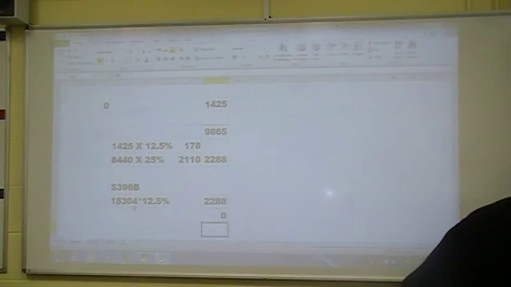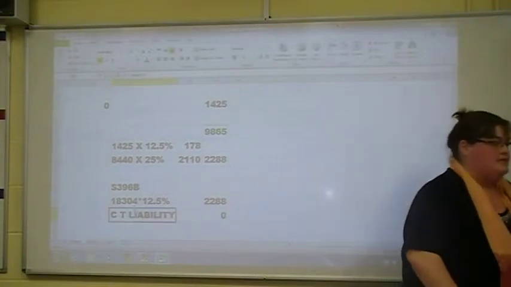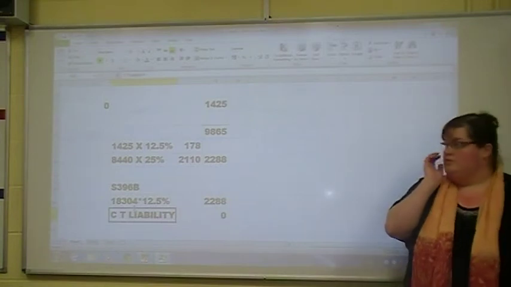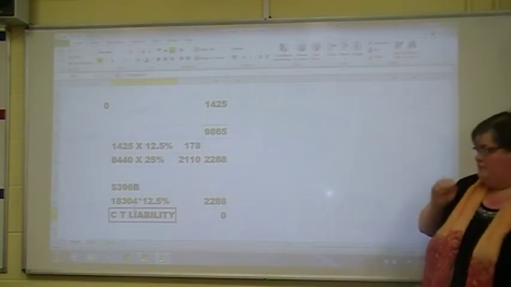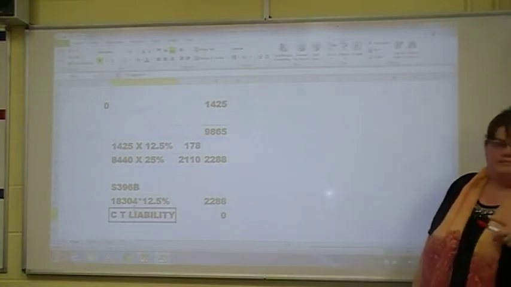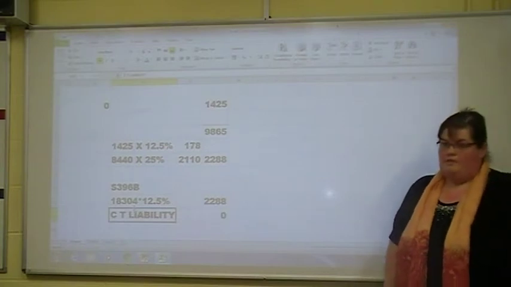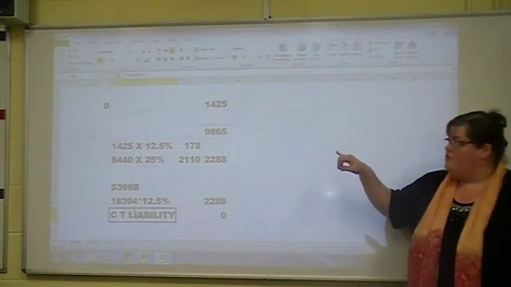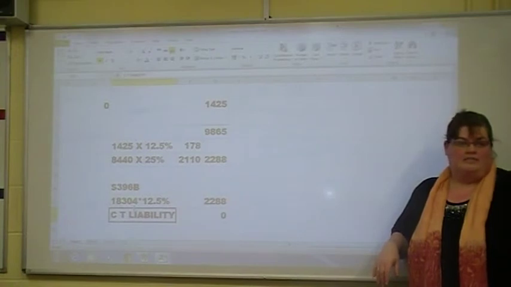Which brings it down to a liability of 0. Okay, so our corporation tax liability is 0. So that's our current year loss taken care of.